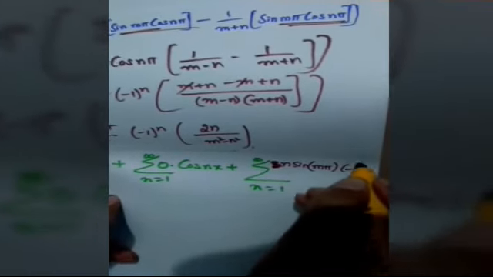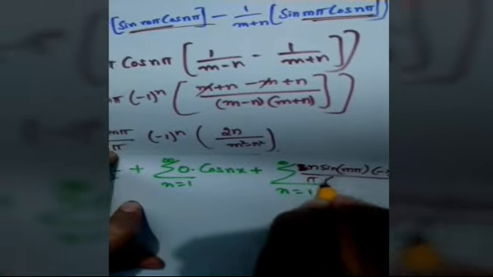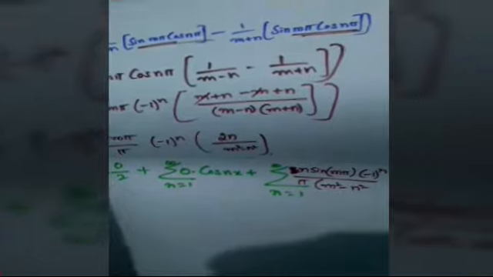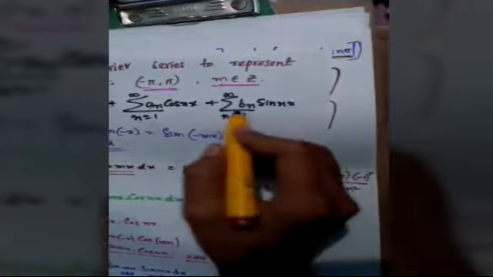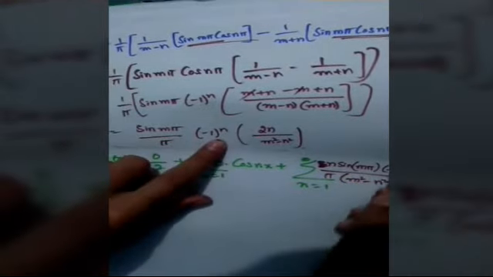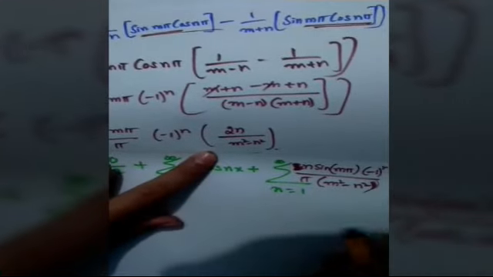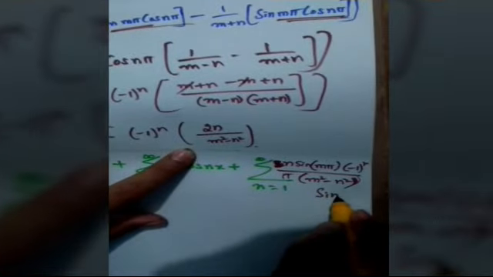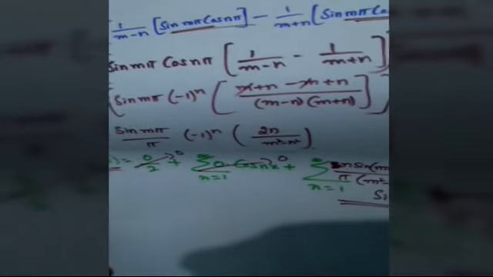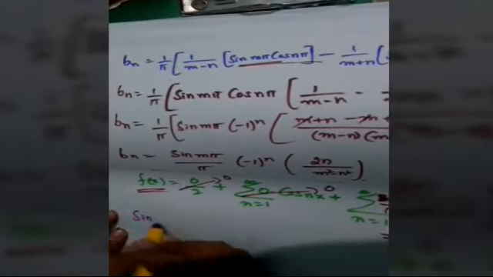We shall write that like this: 2n sin m pi into minus 1 whole power n by pi into (m square minus n square) into sin nx. This is bn. This is 0. This is 0.